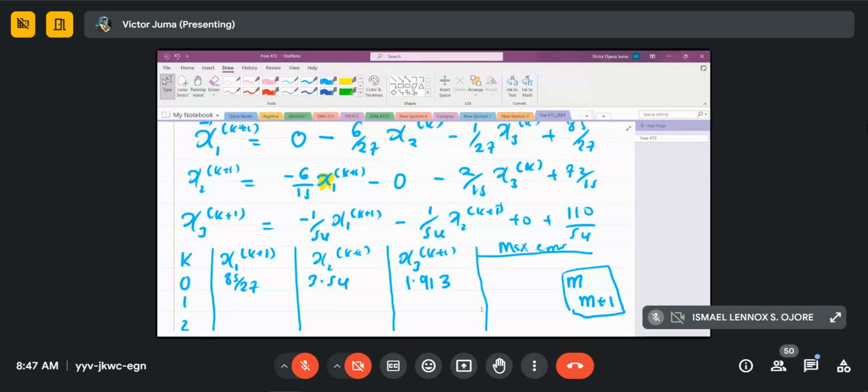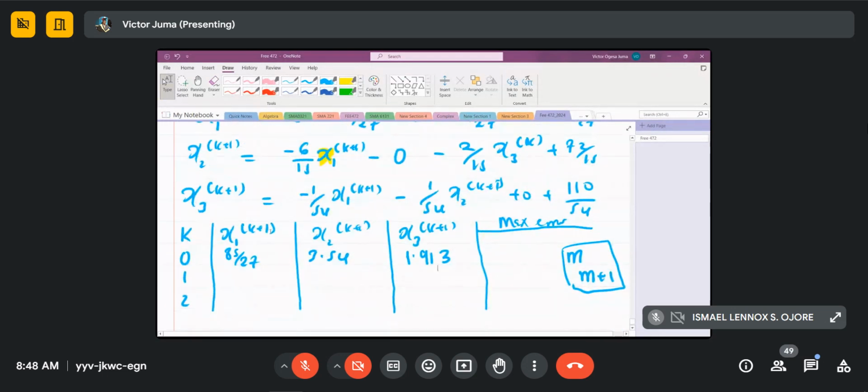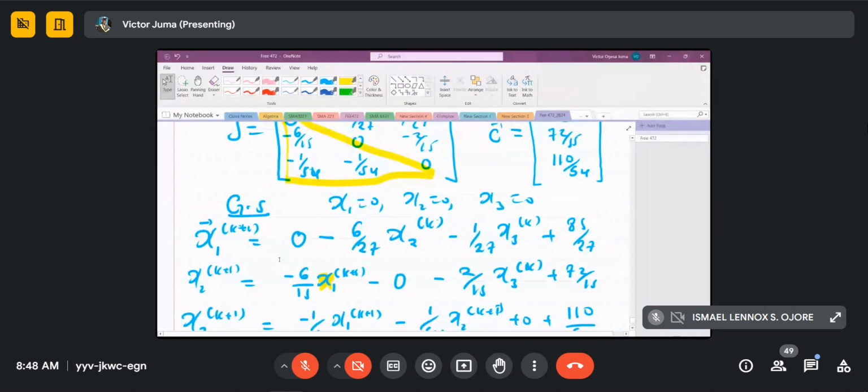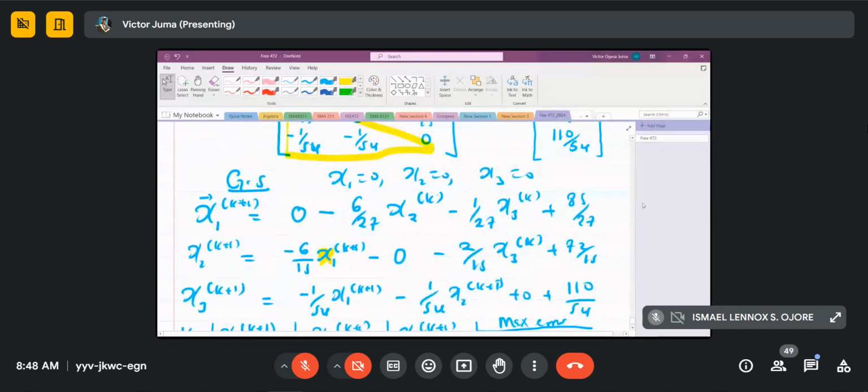No, next. Now, when k is equal to 1, can you give me x1? Can you give me these values quickly? If, for example, now you move to k is equal to 1, it means you take these values and use them in the first equation to get new x1.